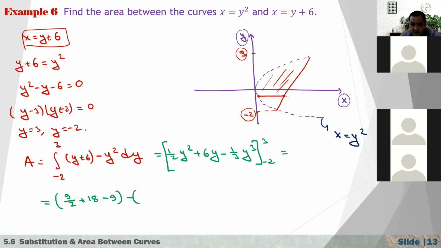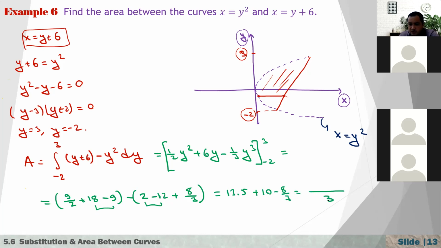Minus, when it is negative 2, 4 over 2, that is 2, minus 12, plus 8 over 3. Which is equal to 9 plus 9 over 2, that is 13.5, and minus 10, it is plus 10, minus 8 over 3.